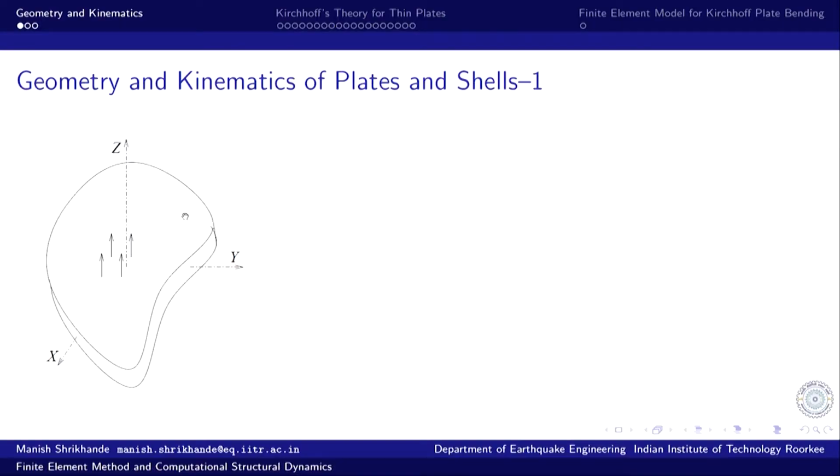The dimensions are very large compared to the dimension along the thickness direction, and so in that respect it seems close to the plane stress situation that we had discussed earlier in continuum mechanics problems.